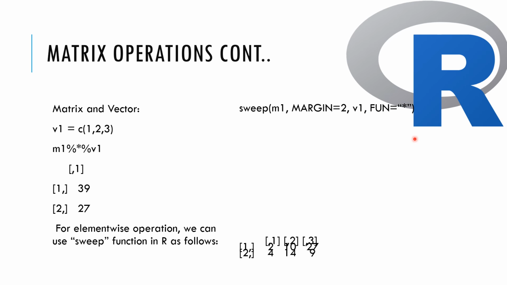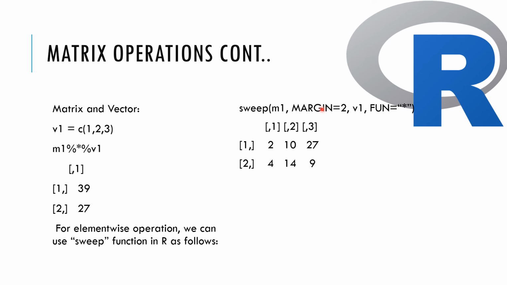So that's what we do here. You see when we apply this, what we get. This becomes a row here because we have selected 2, and element wise it multiplies. The first value is 1, and in the matrix M1 the first element is 2, so 2 into 1 is 2.